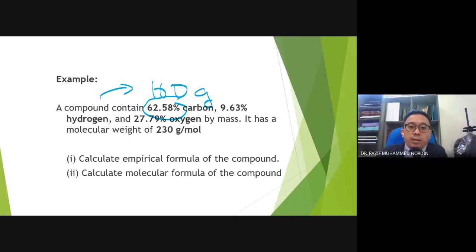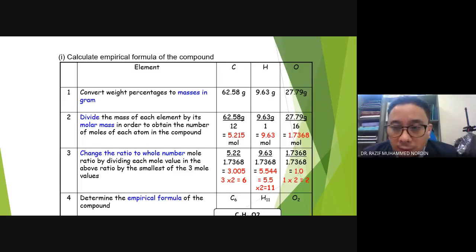So let's say for carbon, if you want to know the mass of carbon in the compound, 62.58 times 100, dia akan dapat balik 62.58 gram. That's why di sini you dapat 62.58, and you can follow the similar step to hydrogen and oxygen.